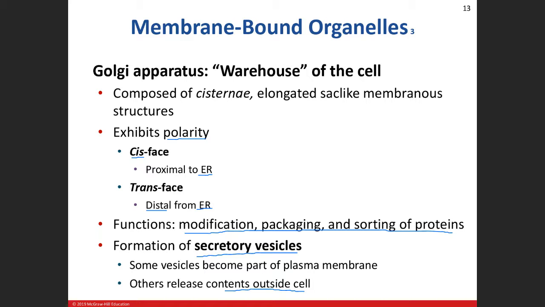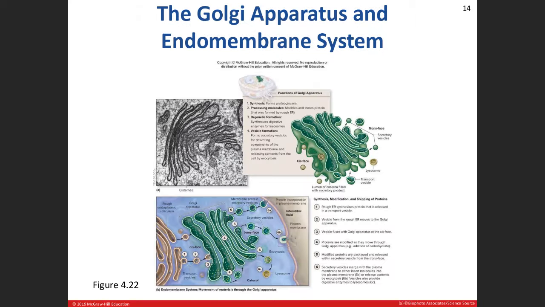So we'll stick these items into the plasma membrane. If something's leaving the Golgi apparatus, it's going to go to one of two places. Its secretory vesicle is either going to become a part of the plasma membrane, or the stuff in that secretory vesicle needs to be excreted from outside the cell. Keep that in mind.